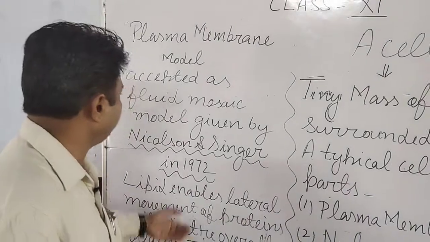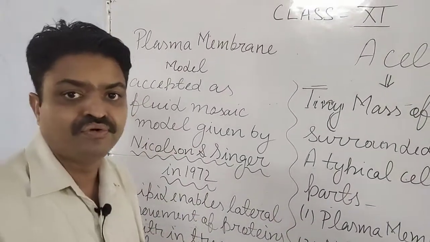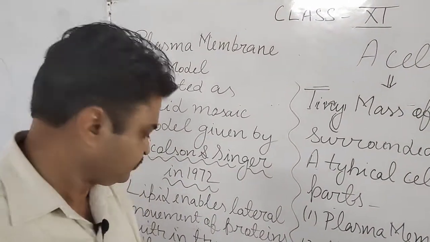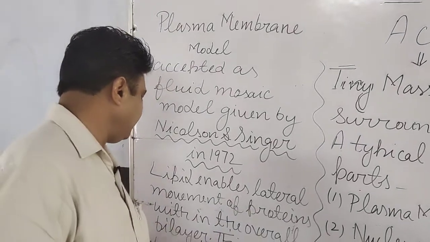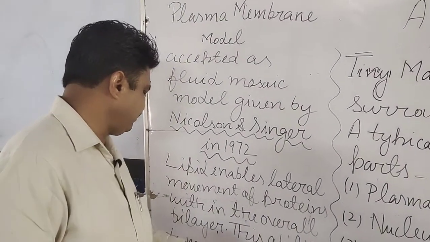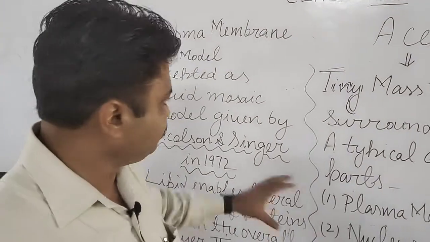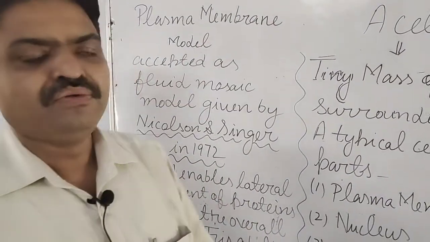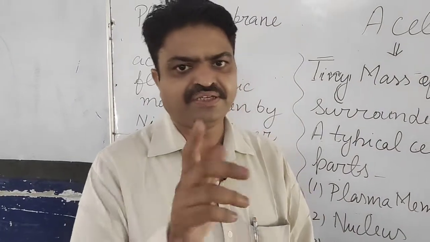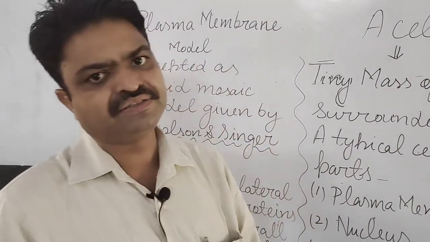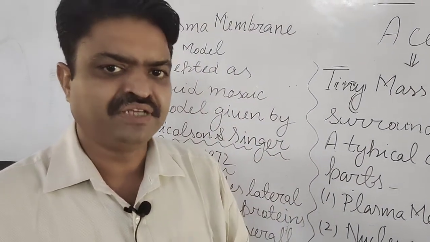That's why this model is known as the fluid mosaic model. The ability to move within the membrane is called fluidity, student. This model was given by Nicholson and Singer in 1972.